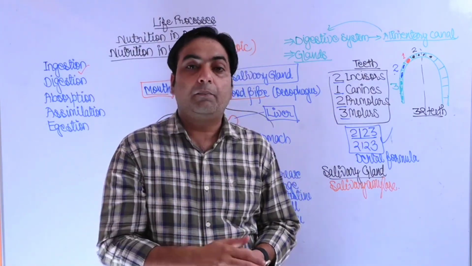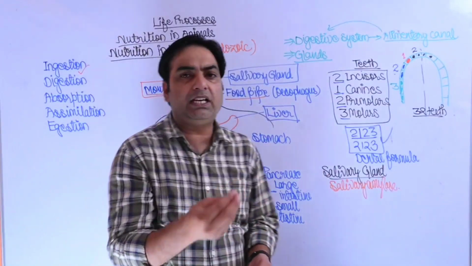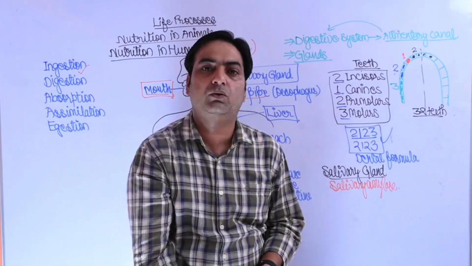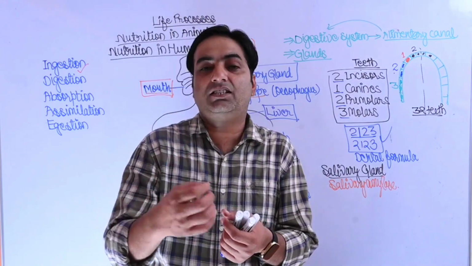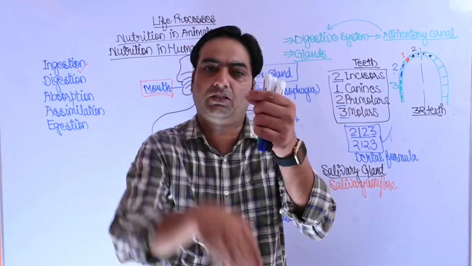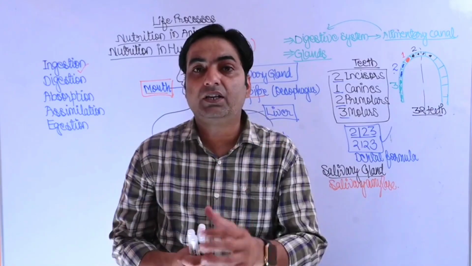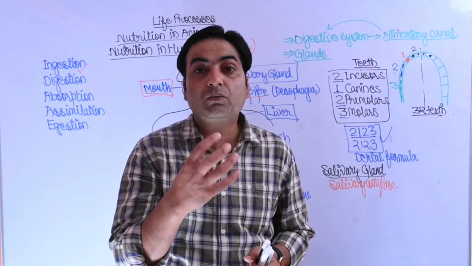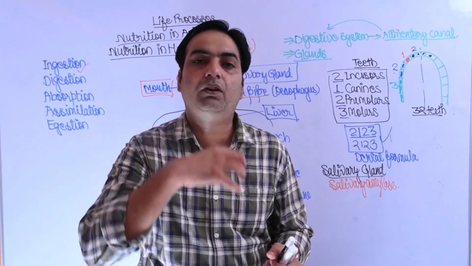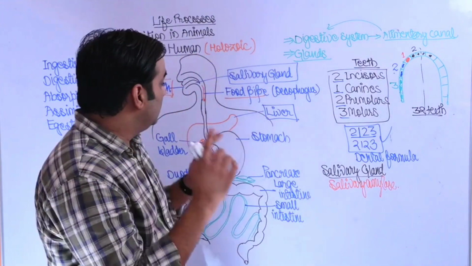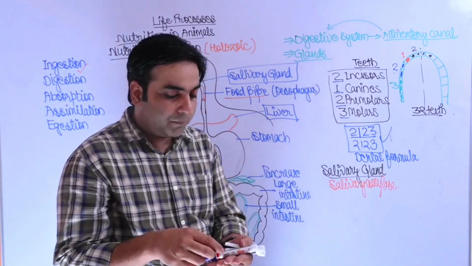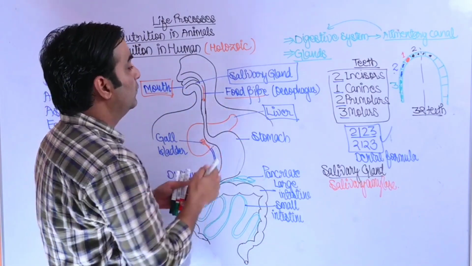Food is moving, but the structure is not so suitable that anything you place will go down by itself. No, it is not like a pipe where you place something and it goes down. It's a very different structure. Unless you chew the food, it will not move, and the movement of the food is only possible when a type of movement is happening in the food pipe.